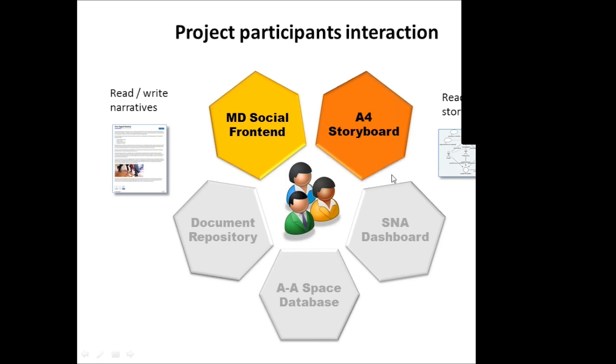After, if I have some time left, I will show you something about the language that we use to write narratives, but we have seen an example of what I'm saying in the presentation of Valentina.